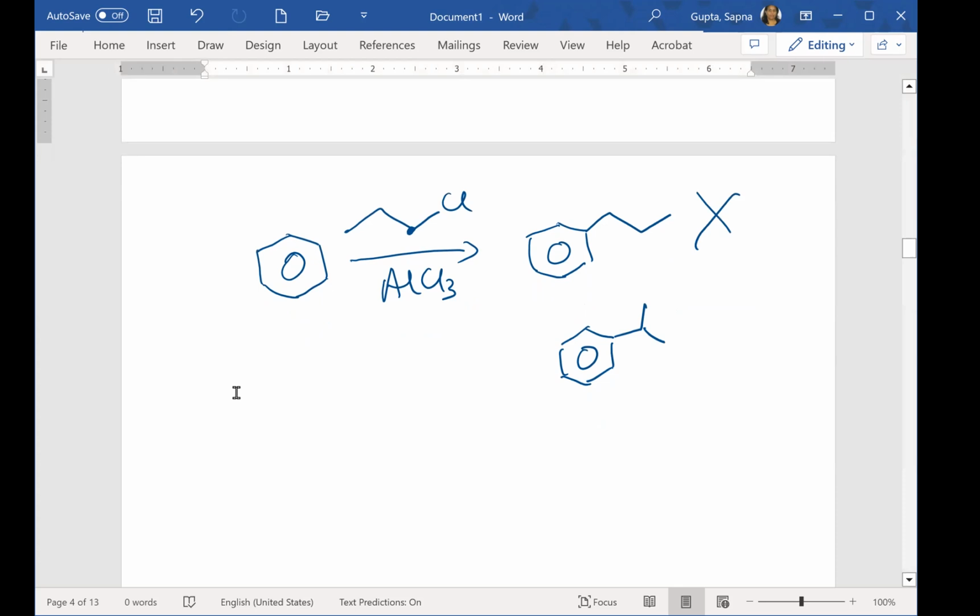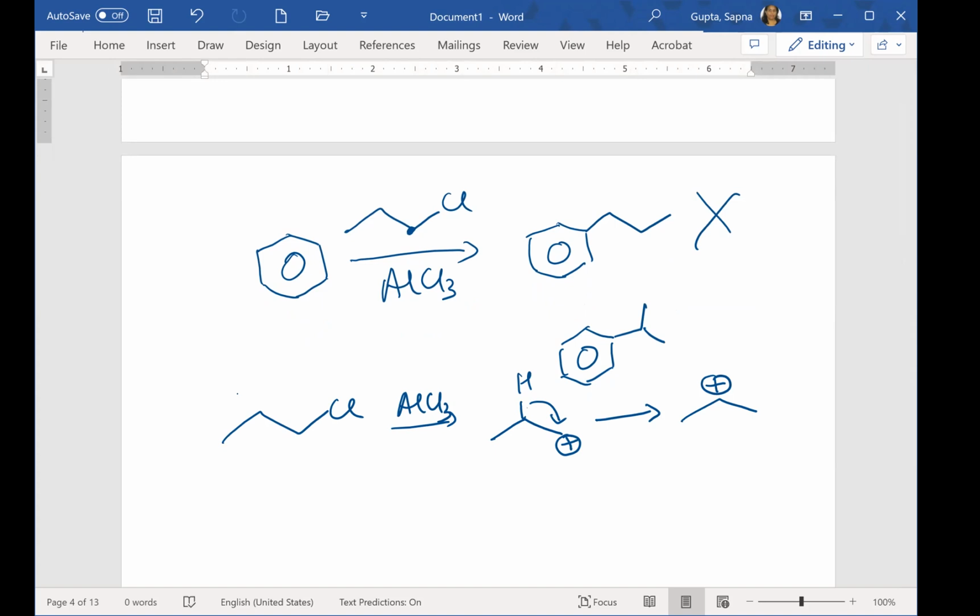Now if you look at the alkyl halide, the aluminum chloride, the carbocation that you're going to generate is going to look like this. But carbocations will rearrange. We know that also. So there is a hydride shift, and then you end up getting an isopropyl cation.